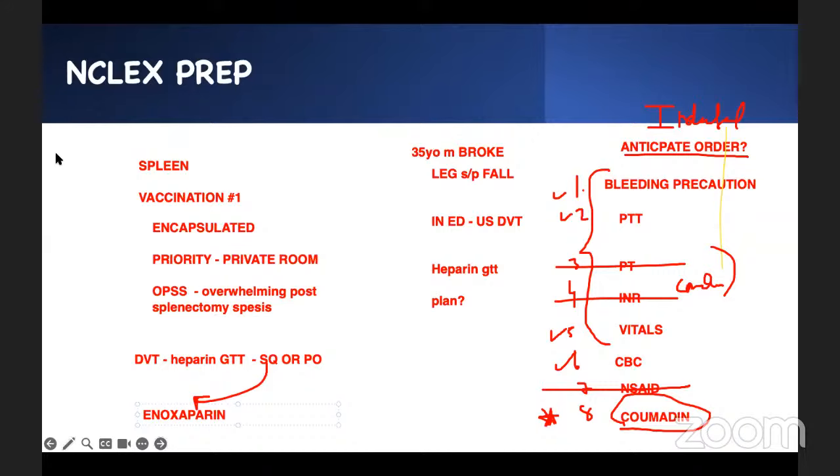If we have to put you on heparin, there is the idea that we're going to transition. So this is a bridge. We'll transition you to Coumadin when your PTT is therapeutic. So he may need Coumadin later on, but not right now. He can't go home with heparin drip.